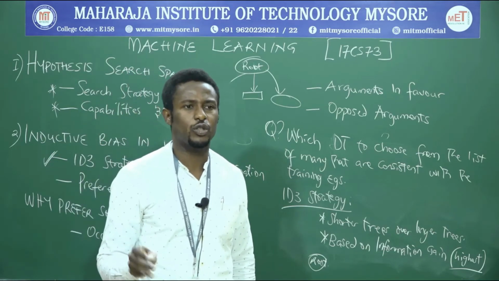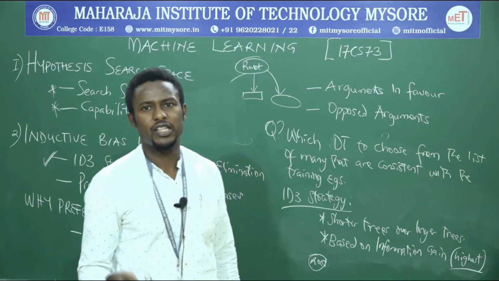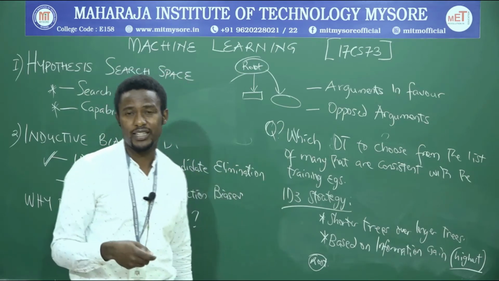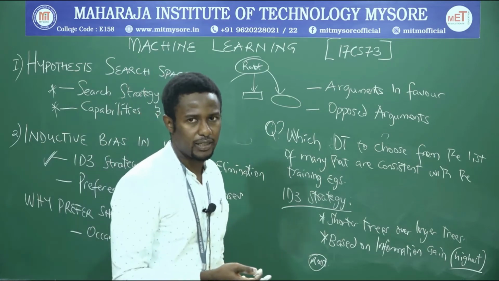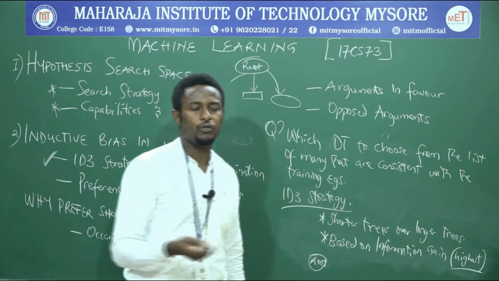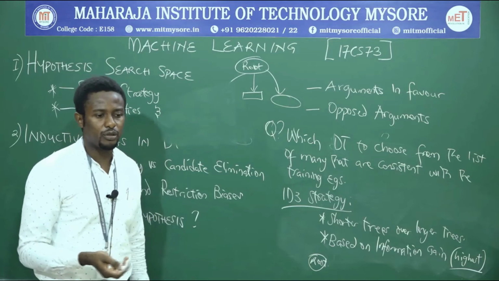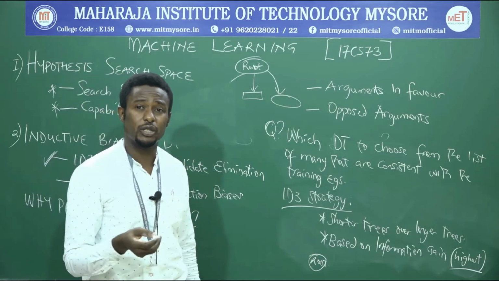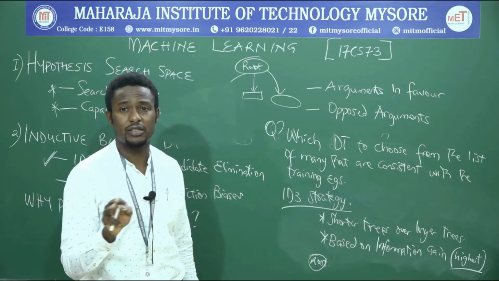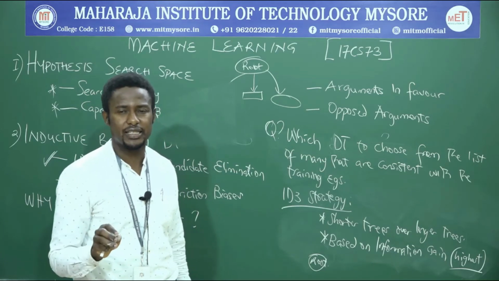What we did in candidate elimination was just to generate what? Sets of hypotheses that will be consistent, right? With the training examples, and that led us to what? Get into our version space. And with that, we were able to reach a conclusion because our samples were not biased, right?